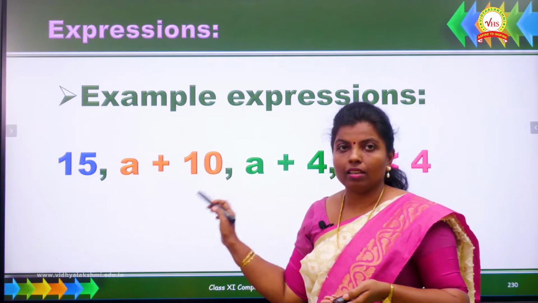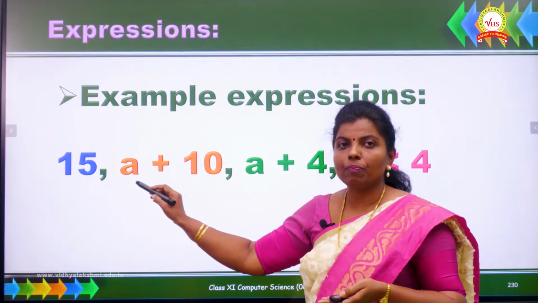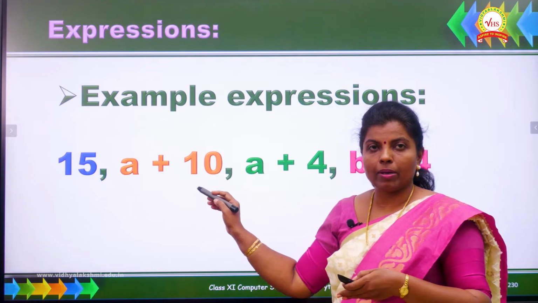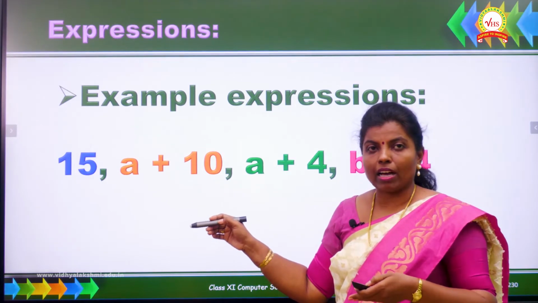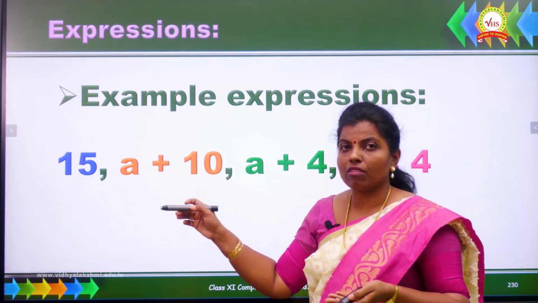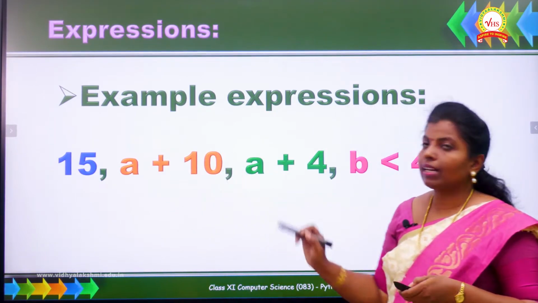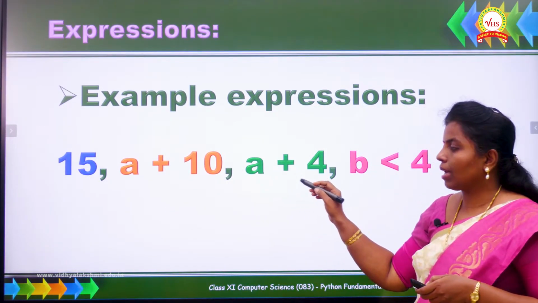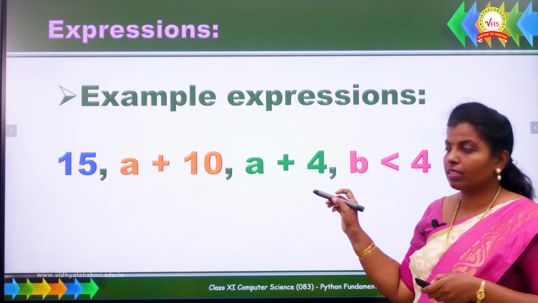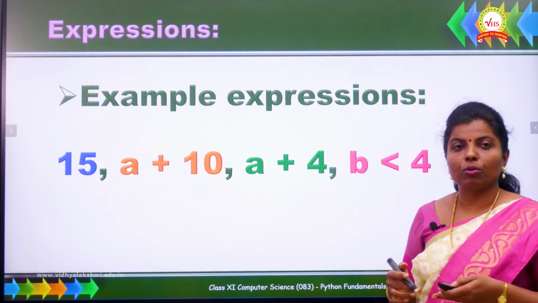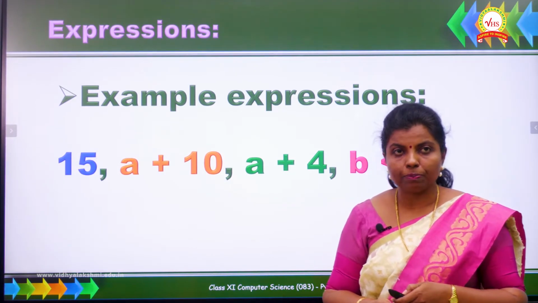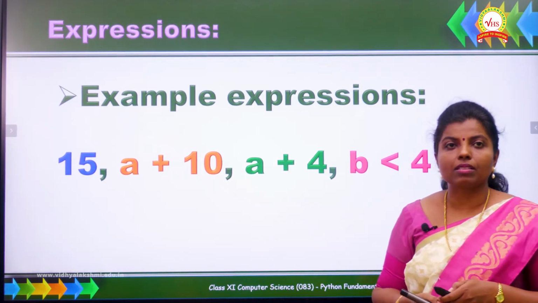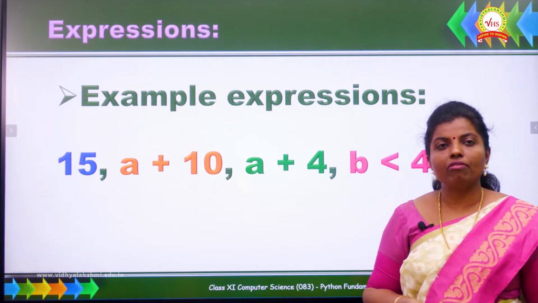So these are legal because a may hold a value. That value can be added with the number 10. So it may produce a value. So here it becomes valid, and also we have a plus 4, this is also a valid expression. Even b less than 4 will also give us a value. So this also becomes a valid expression of Python.